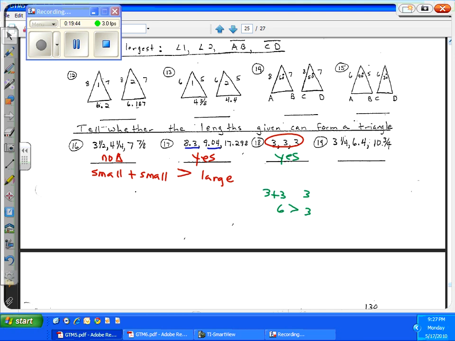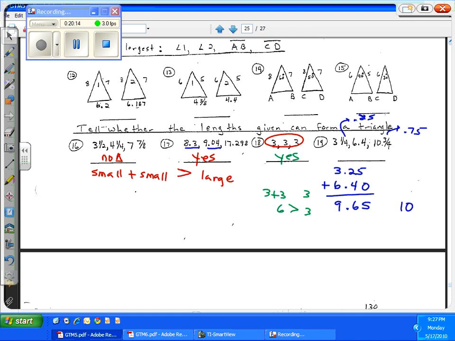On number 19, we may just change these fractions to decimals. 1/4 is 0.25. You could take the 1 divided by 4. And 3/4 is 0.75. You could take the 3 divided by 4. So what we have is 3 1/4 or 3.25. We're going to add to that 6.4, the sum of the smaller two, and we'd put a 0 as a placeholder and get 9.65.